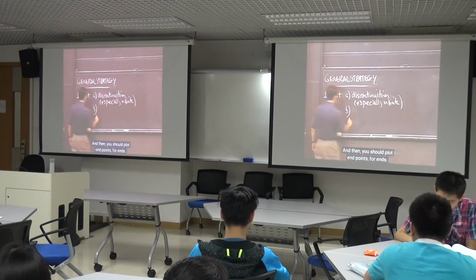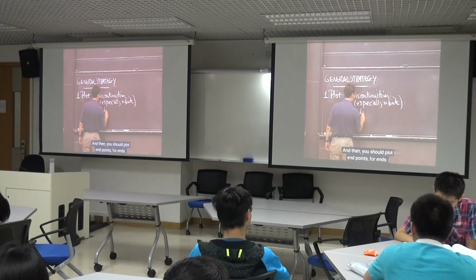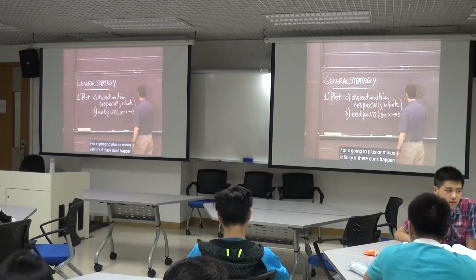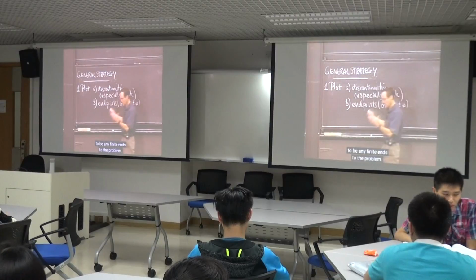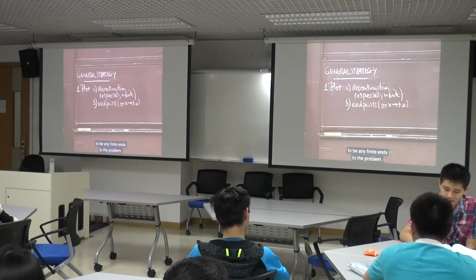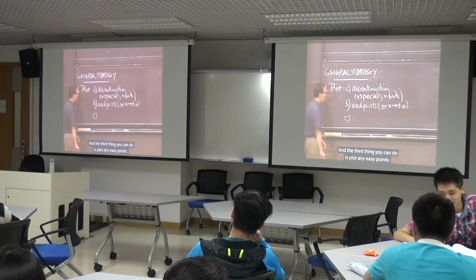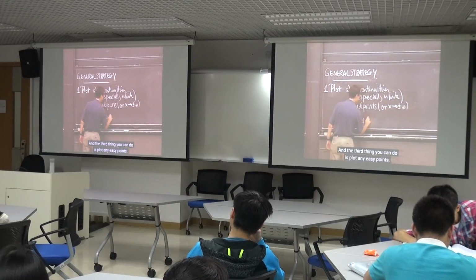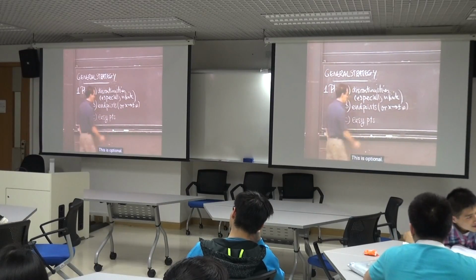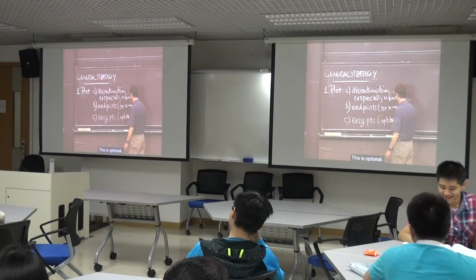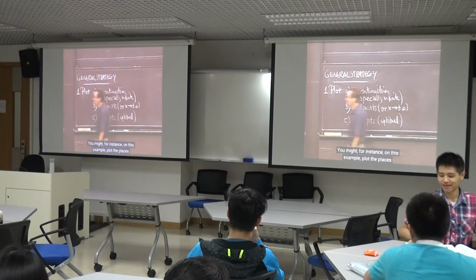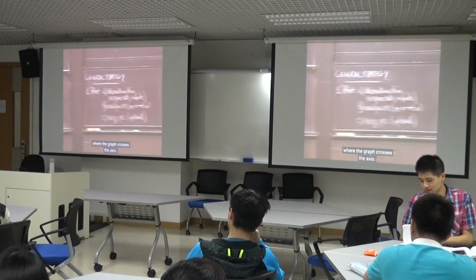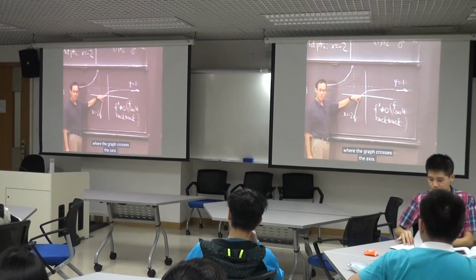And then you should plot endpoints, or ends, or x going to plus or minus infinity if there don't happen to be any finite ends to the problem. And the third thing you could do is plot any easy points. This is optional, and at your discretion. You might, for instance, on this example, plot the places where the graph crosses the axis, if you want to.